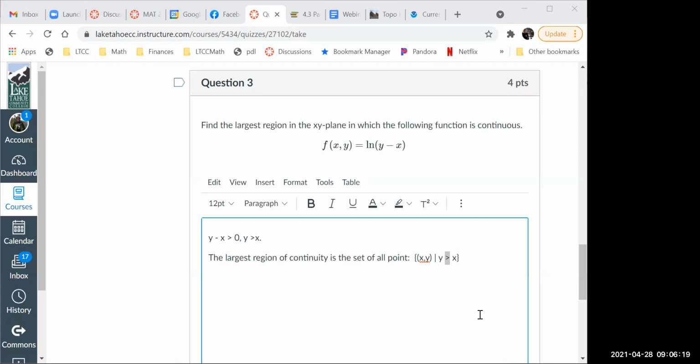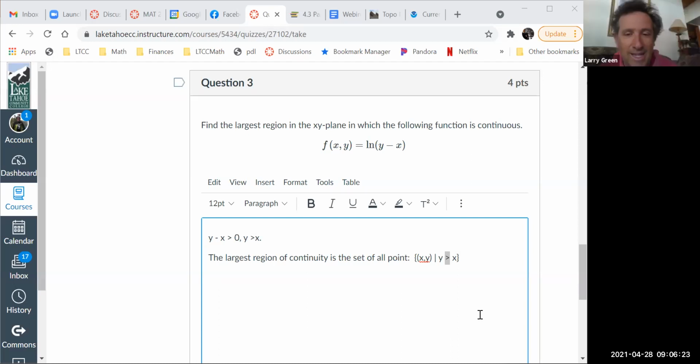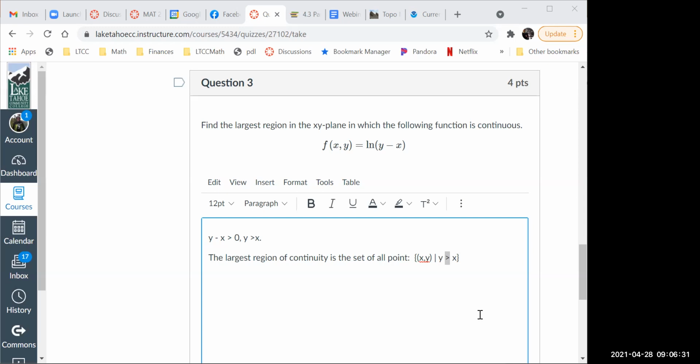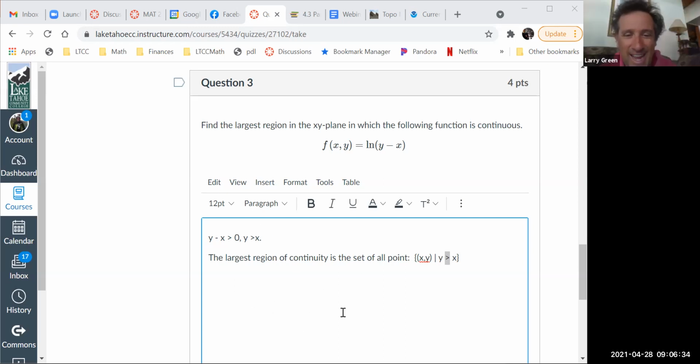Yeah, that's what we were doing on there. So I kind of wrote that in words. The problem with doing it graphically is it's too much of a pain to type. To draw a graph in Canvas is not possible. That's why the homework and the quizzes have to look a little different, because the homework has that whole graphing tool.